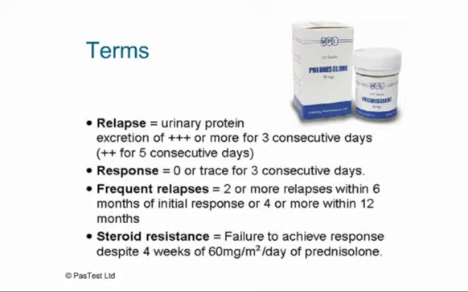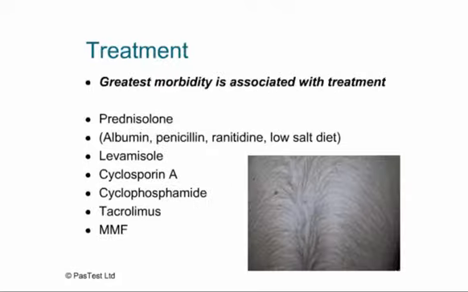Steroid resistance, which is important in FSGS and MPGN, is failure to achieve response despite 4 weeks of high-dose oral steroids. The treatment of nephrotic syndrome is largely with prednisolone, and for many individuals, steroids can be used to get the patient fairly rapidly into remission.